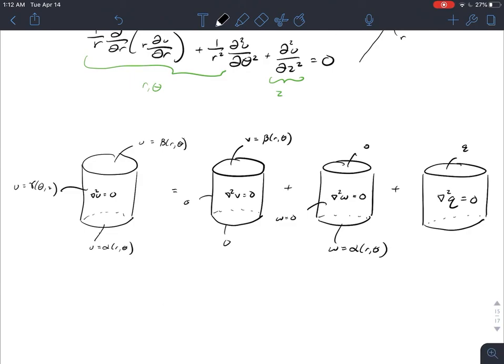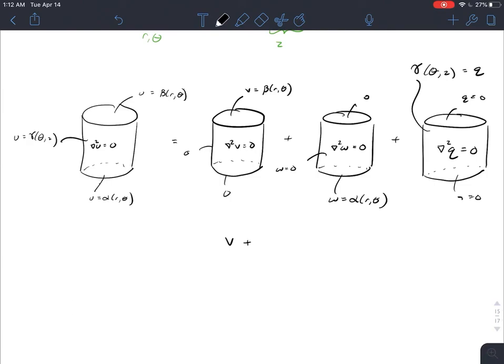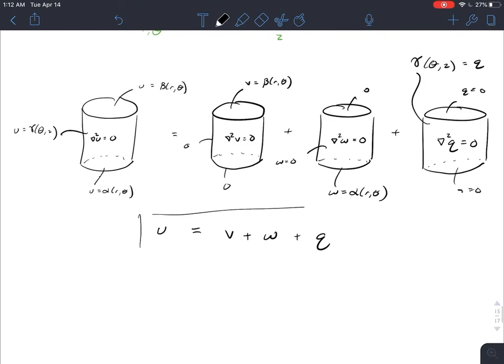So the top of q is equal to 0, the bottom of q is equal to 0, but then the lateral side of q is equal to gamma of theta, z. So now each individual solution of these cylinders will garner us a solution such that we can take the linear combination of all three, add them together, and that's a solution to our original PDE.